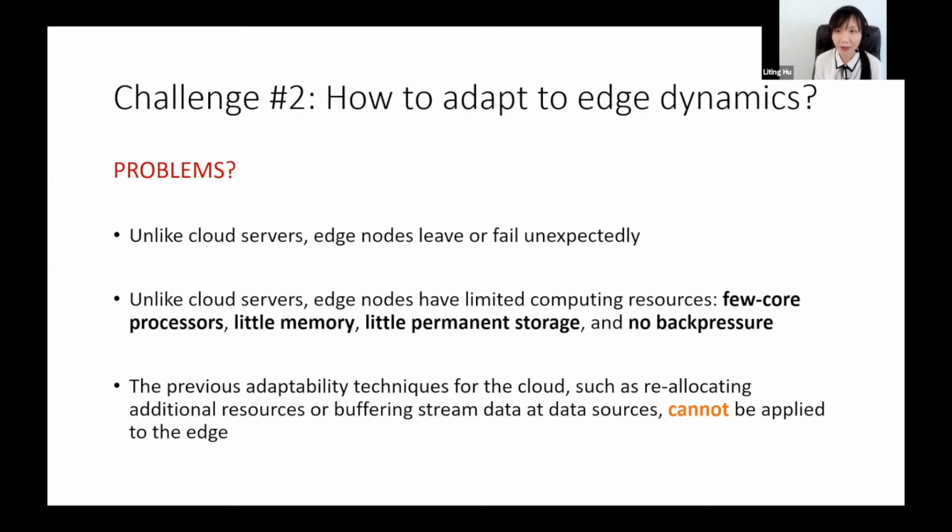And unlike cloud servers, edge nodes have very limited computing resources, such as few-core processors, little memory, little permanent storage, and no back pressure. Therefore, the previous techniques used for the cloud, such as reallocating additional resources or buffering the data at data sources, cannot be applied to edge environments.